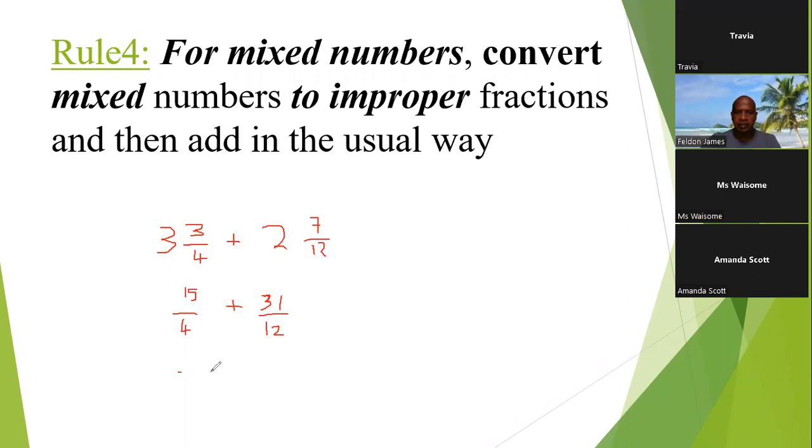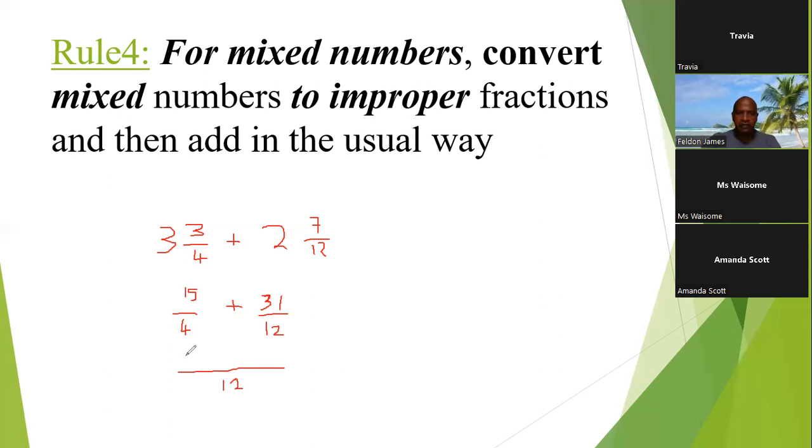What is that now? 12. What next? Then we're going to divide the 4 into the 12. 4 into 12 goes 3 times, and 3 times 15 gives you 45.